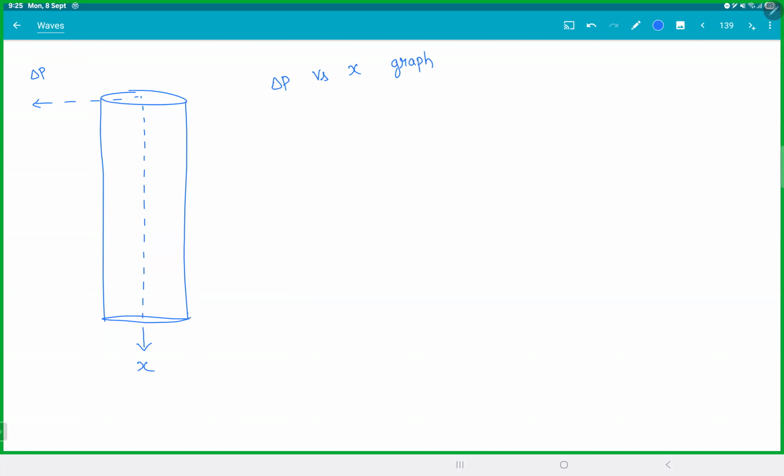So when you're drawing like this, I'll take one loop for simplicity. So at a distance x from here, the pressure is 2 delta p sine kx. So basically, this is a representation of pressures at every point.